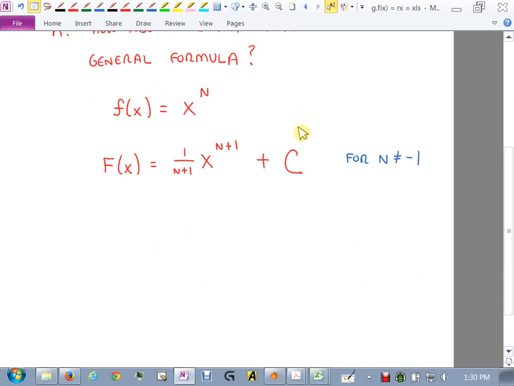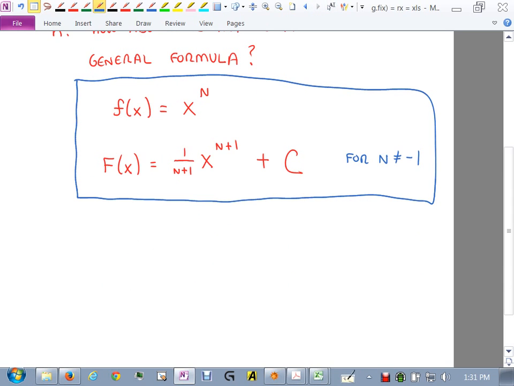So do you see that we have x to any power covered right now? This is called the power rule for antiderivatives.